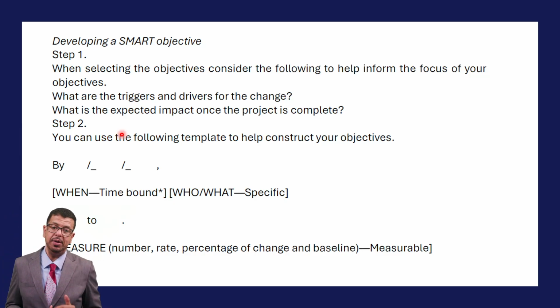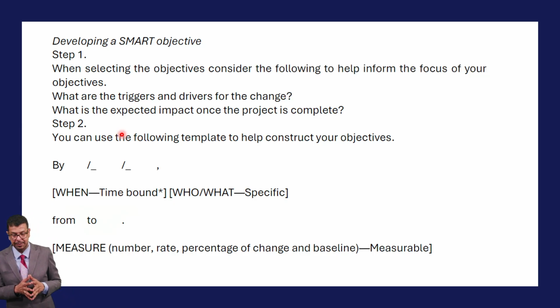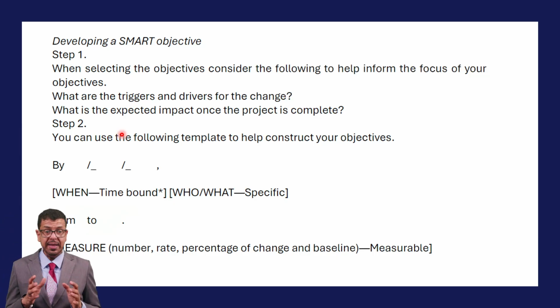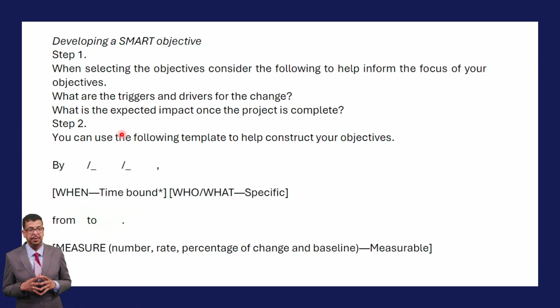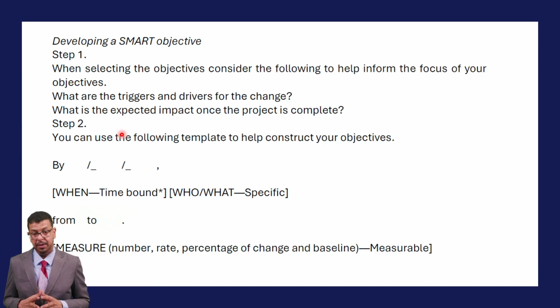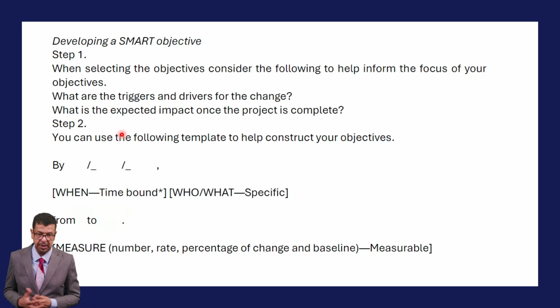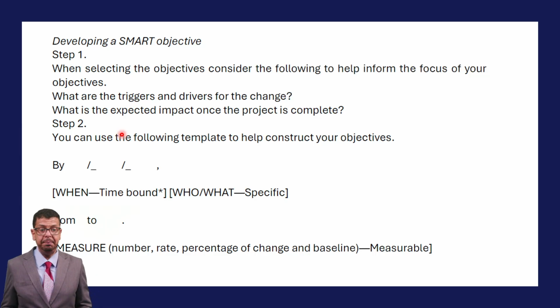Step 1, when you want to write an objective in this research proposal for this master program, consider the following to help inform the focus of your objective. First, what are the triggers and drivers for the change? Second, what is the expected impact once the project is completed?